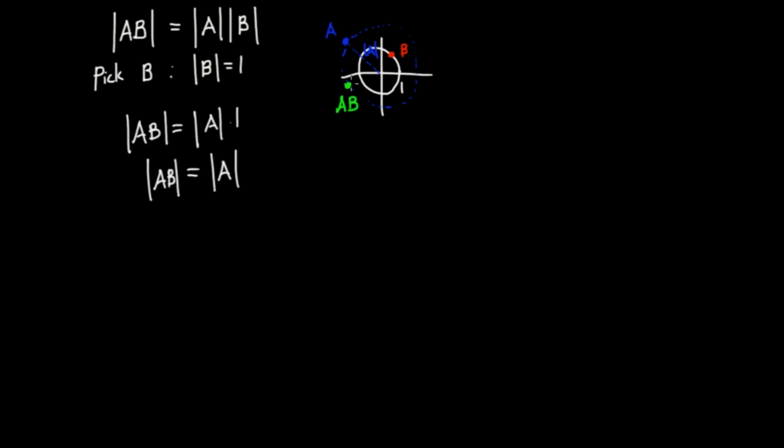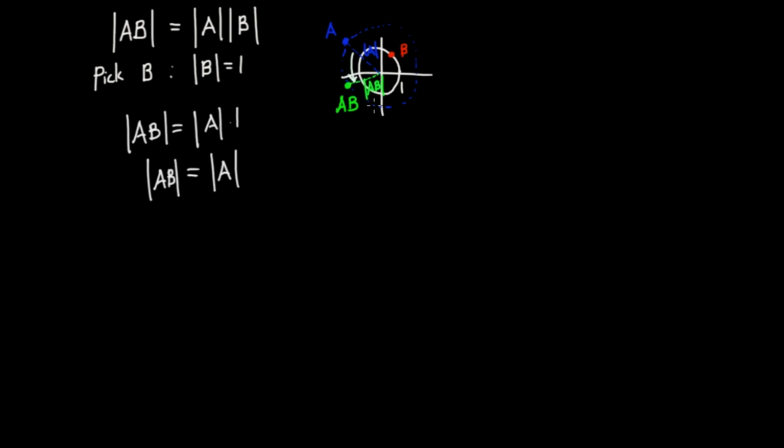And of course, just to draw this in, the length of this green line connected from AB to the origin is going to be the magnitude of AB, and the magnitude of AB, that green line, is going to be equal to the magnitude of A, which is the length of that blue line there. Now, what does all that mean? That means that multiplication by some complex number that I happen to have called B, which lies upon the unit circle, will take some other point, which I called A, and it will rotate it.